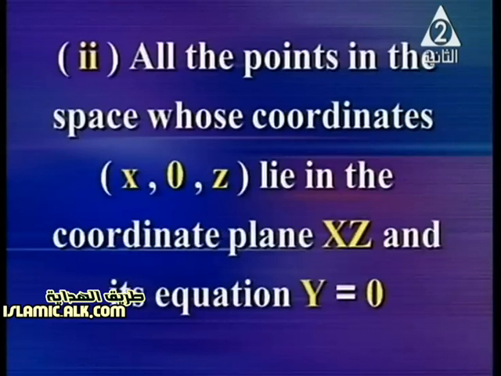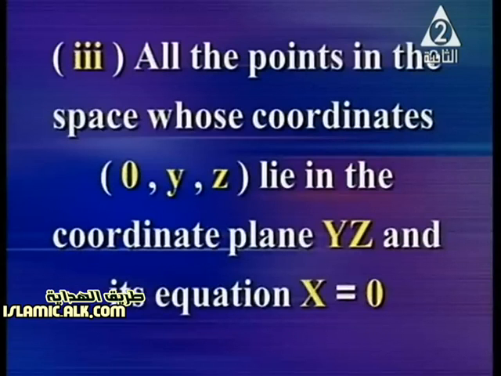Number 2: all the points in space whose coordinates are x, 0, z lie in the coordinate plane xz, and its equation is y equals 0. Number 3: all the points in space whose coordinates are 0, y, z lie in the coordinate plane yz, and its equation is x equals 0.